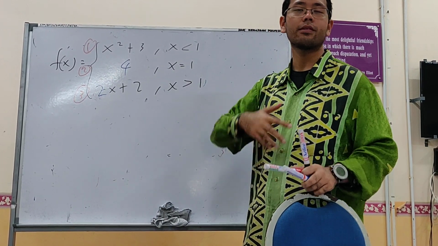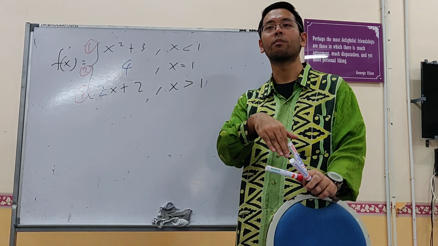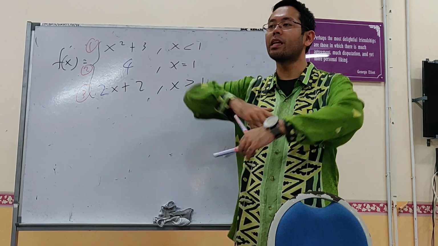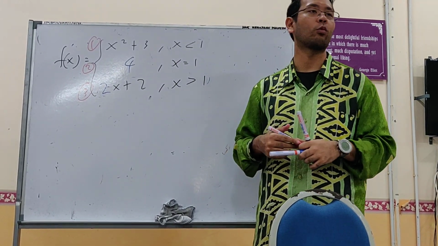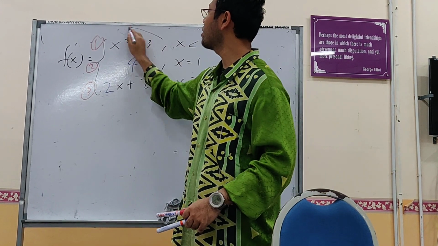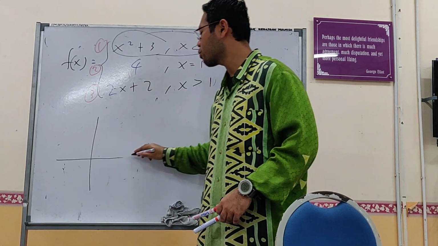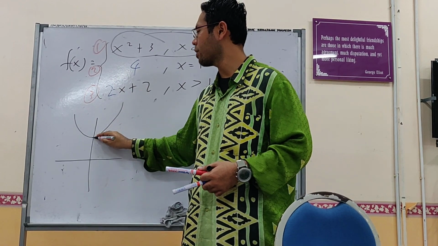How you draw them is exactly how we draw multiple function graphs on the topic of function and graph. People may look at this and panic, but seriously, you just need to solve them one by one. Do you know how to draw this graph? x squared plus 3, nothing much. It's just a quadratic graph.